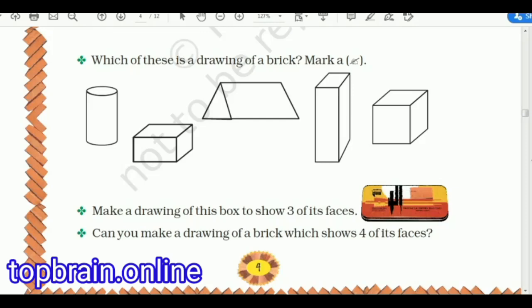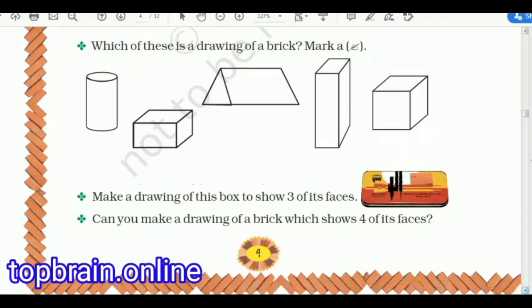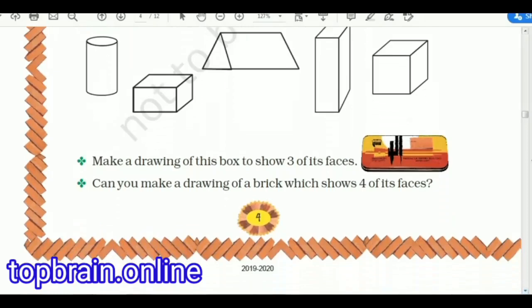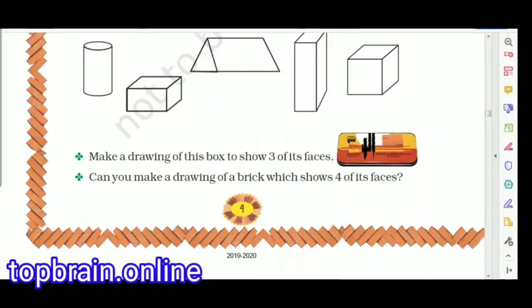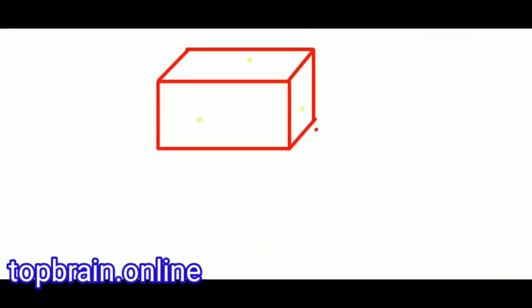As we know, your geometry box is in the shape of a cuboid. There are round corners on this box. So roughly you make a cuboid showing its 3 faces, as I have already made. See, this is a cuboid showing its 3 faces, first, second, third. Similarly you make the box.